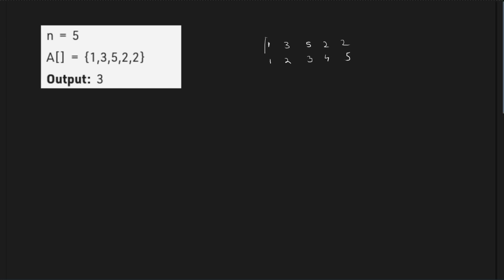So this is the original array. Now if you see at index 3, the elements before it are 1 and 3. So if I add these two, I'll get 4. After index 3, the elements are 2 and 2. So 2 plus 2 is also equal to 4. So these two values are equal. So this will be our answer, right? These two values should be equal.